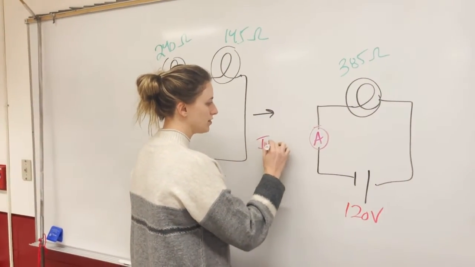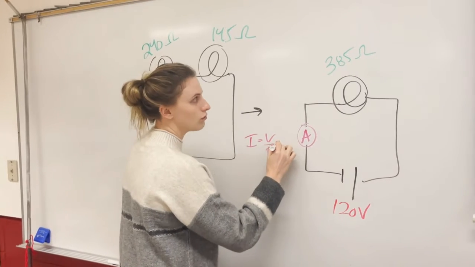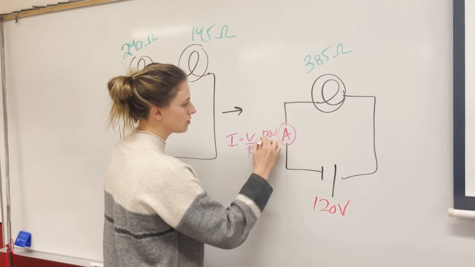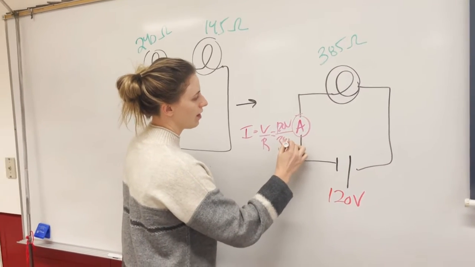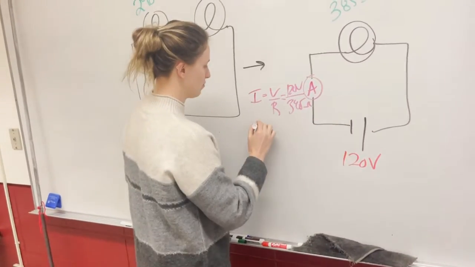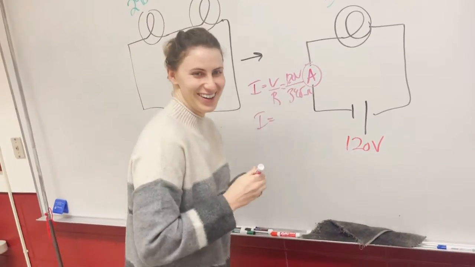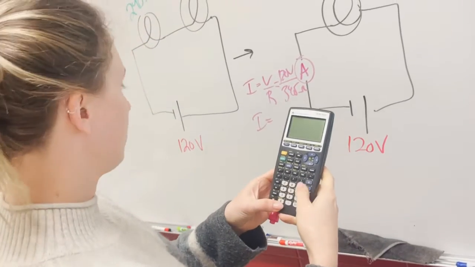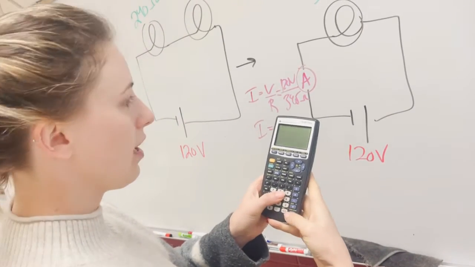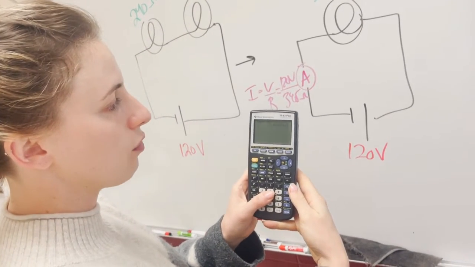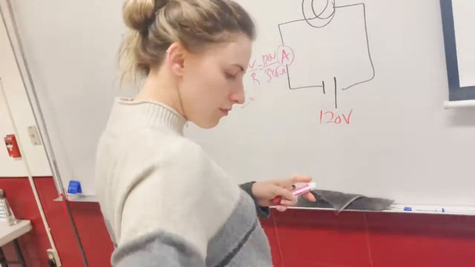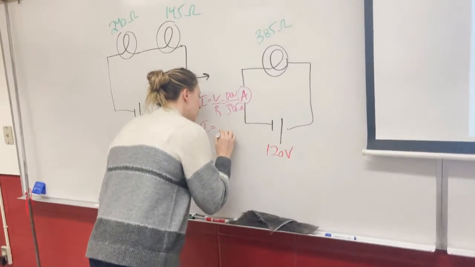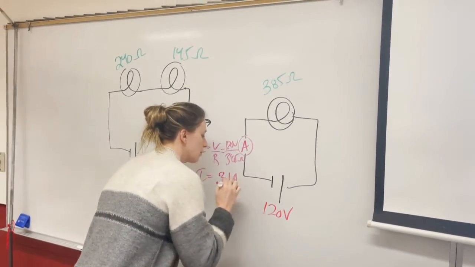So current equals volts over resistance. Voltage is 120 volts. Resistance is 385 ohms. So 120 divided by 385, and I get 0.3. We'll call it 0.31 amperes. 0.31 amps.